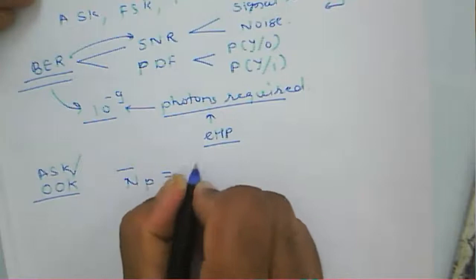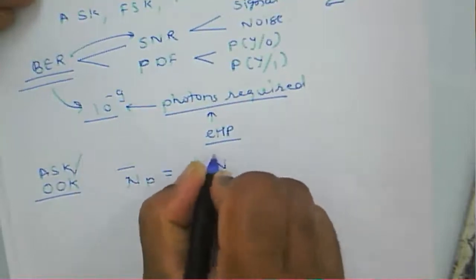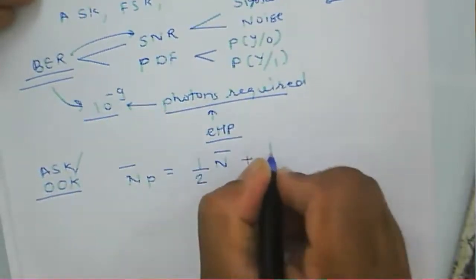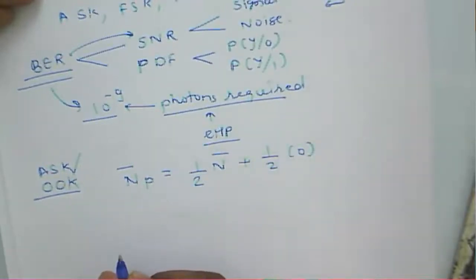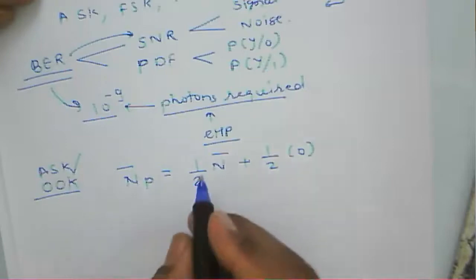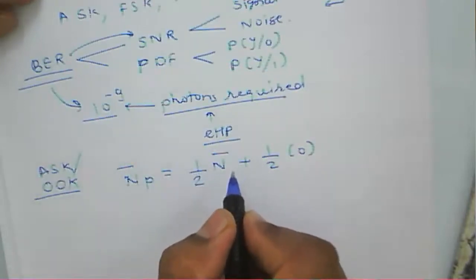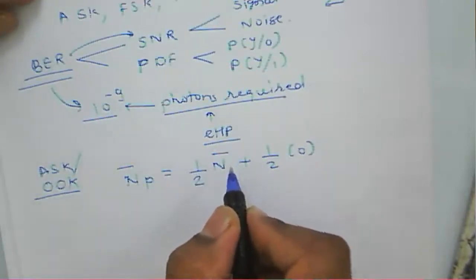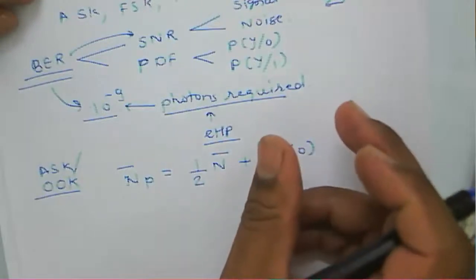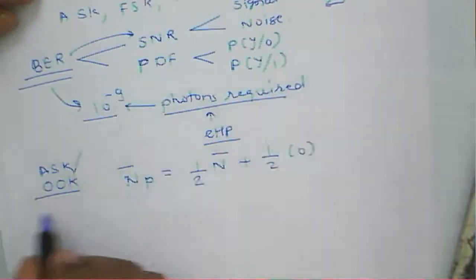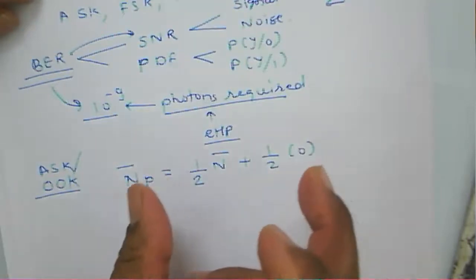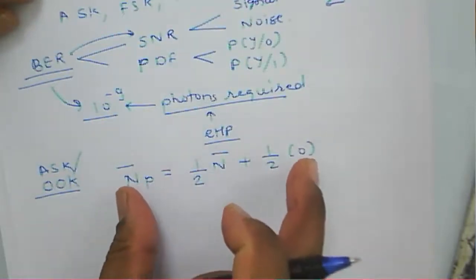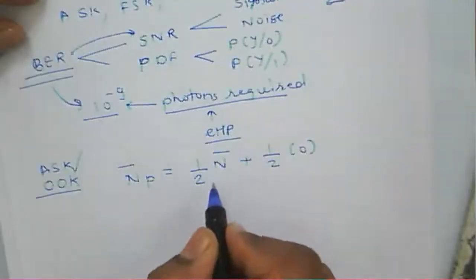That is equal to 1/2 (n + 1/2 a). Here, the average number of photons required per bit is half the number required for one pulse.